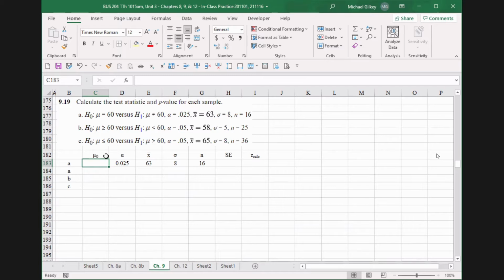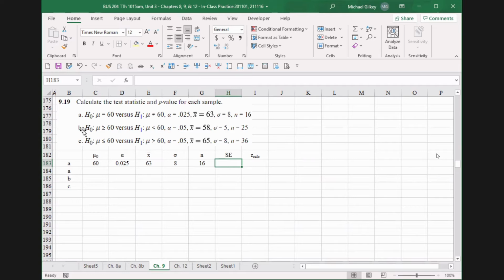Okay, so what's my hypothesized mean? That's just 60, right? And then the standard error. How do you compute standard error? The standard deviation divided by the square root of n.